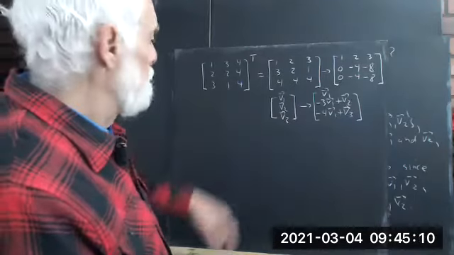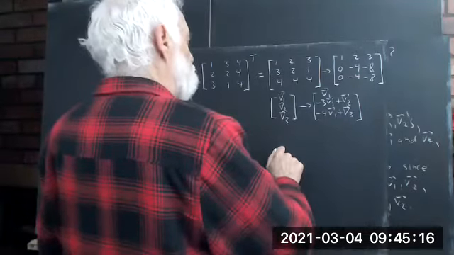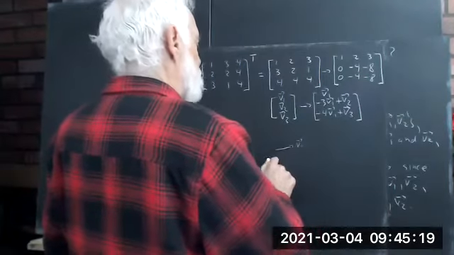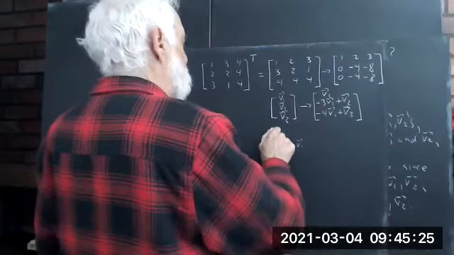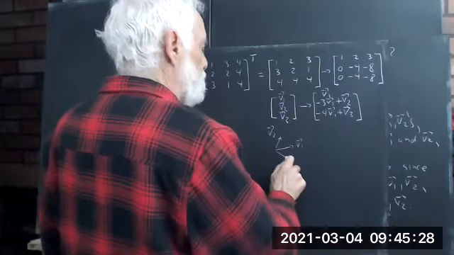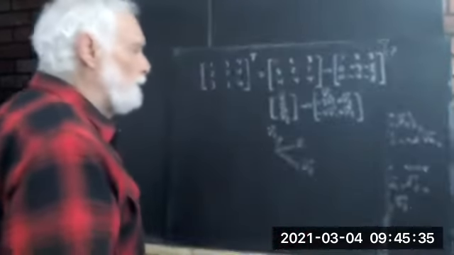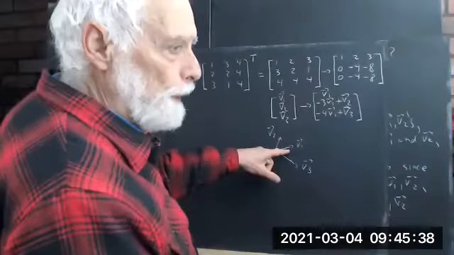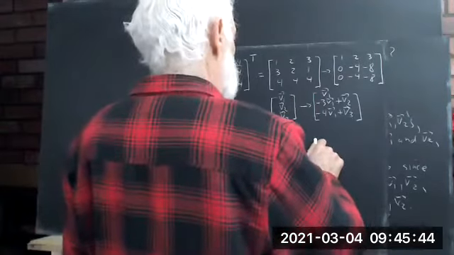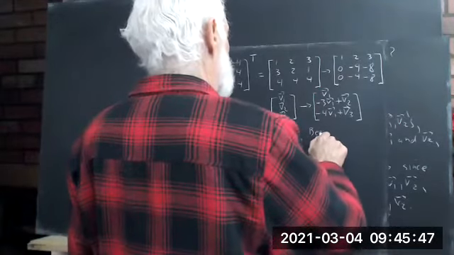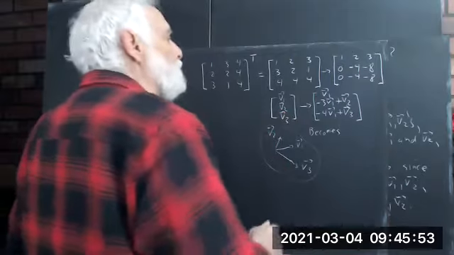Matter of fact, geometrically, if V1 is here and V2 is, not really the way they would be, but let's say here's V2 and here is V3. Now this picture becomes this picture.